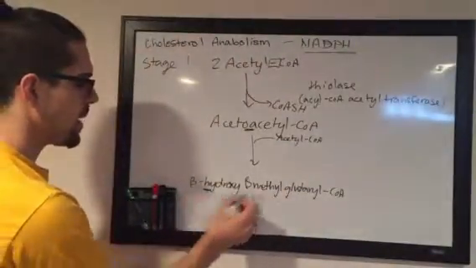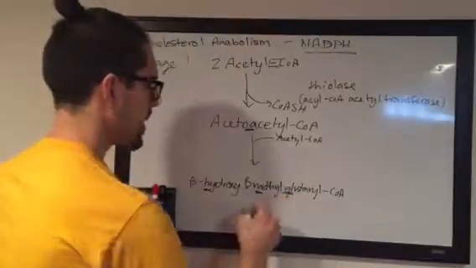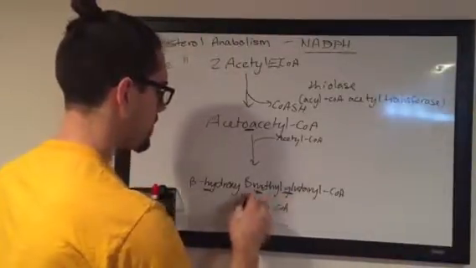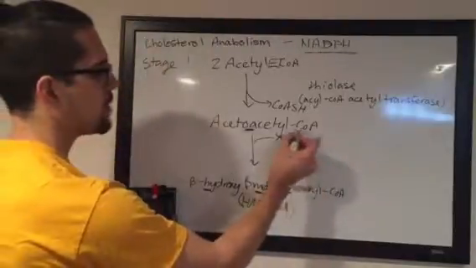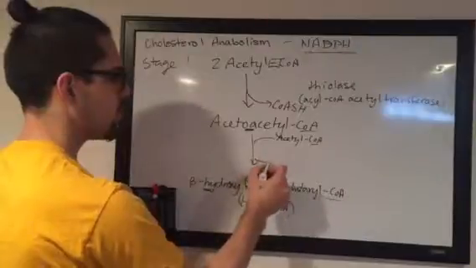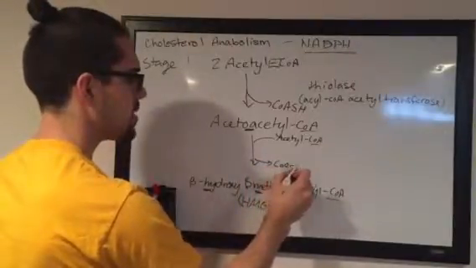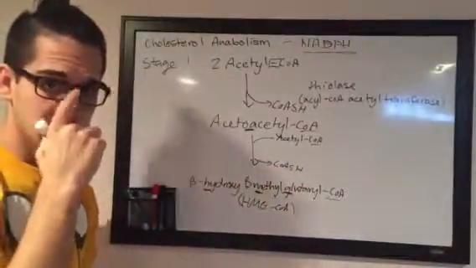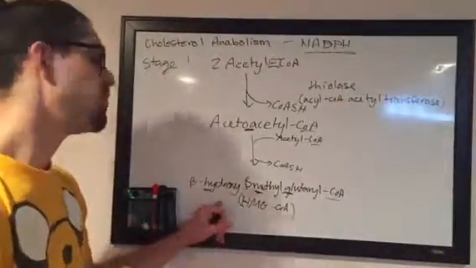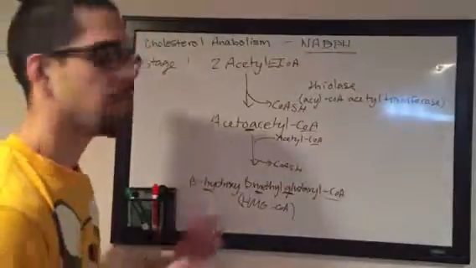However, it's also known as HMG CoA. Again, we have 2 coenzyme A's up here, only 1 coenzyme A down there, so we're going to lose a coenzyme ASH. The enzyme that does this is wonderful because it's making beta-hydroxy beta-methylglutaryl CoA, or HMG CoA.